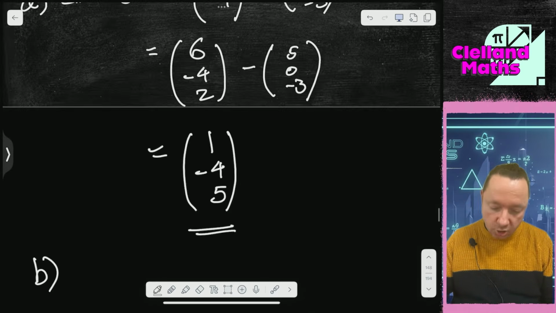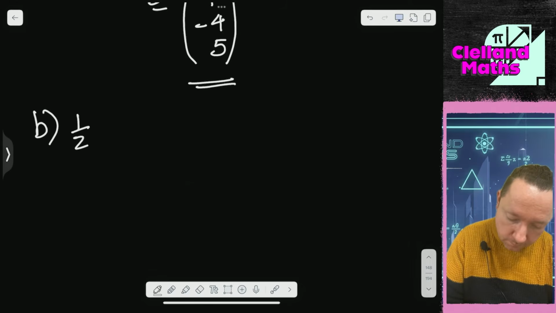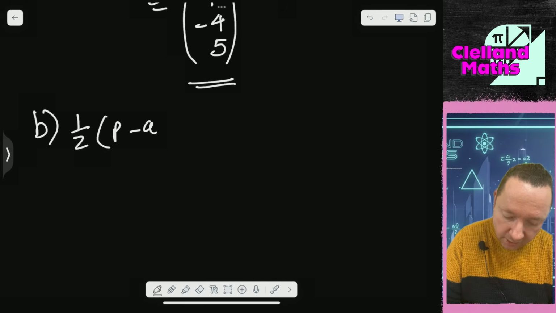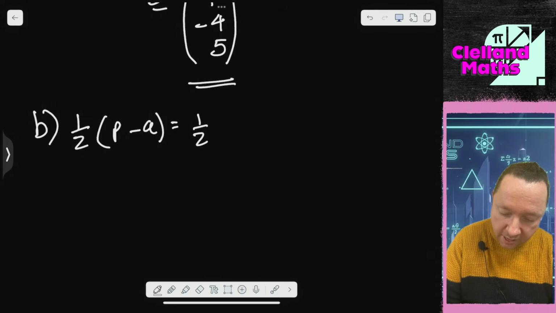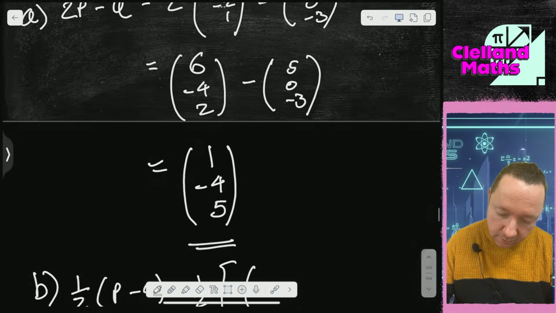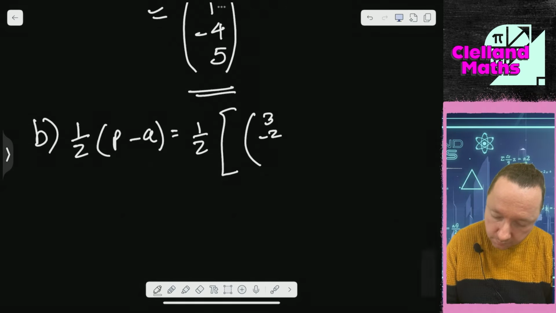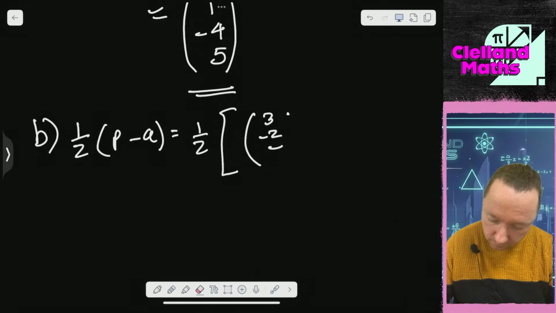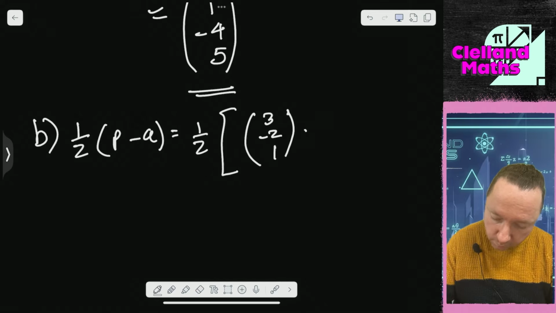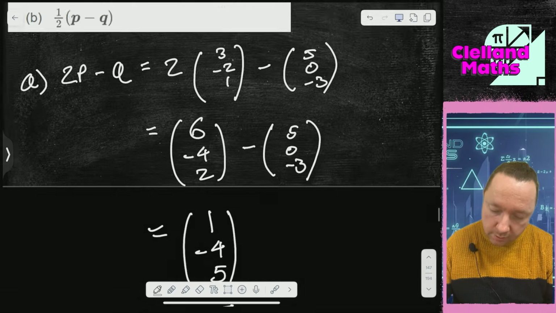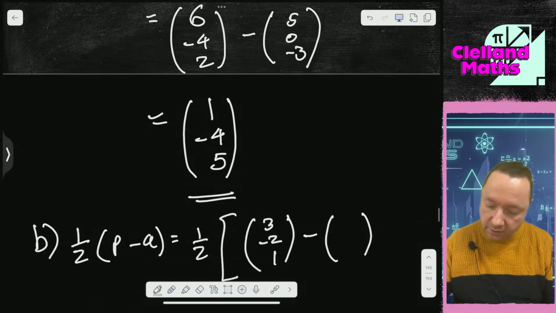B, a half of p minus q. Well, p minus q is in brackets, so I'll do that first. So I'll just take the half and write p, (3, -2, 1), minus q, which is (5, 0, -3).